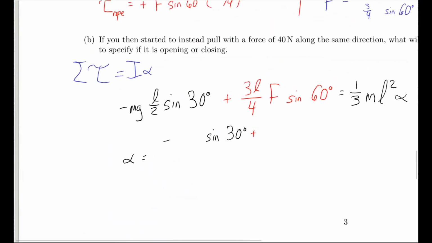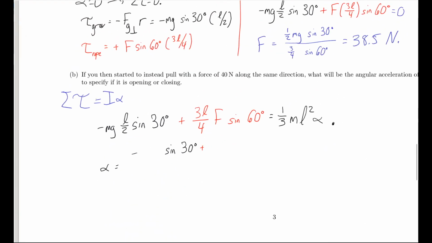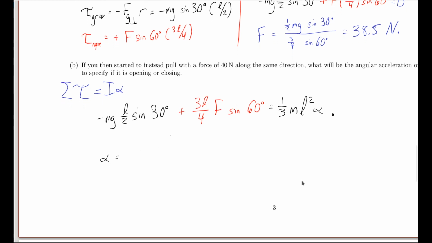So where were we? Let me erase this and start afresh. So we're solving the equation above for alpha. So we need to multiply by 3 and divide by ml squared.